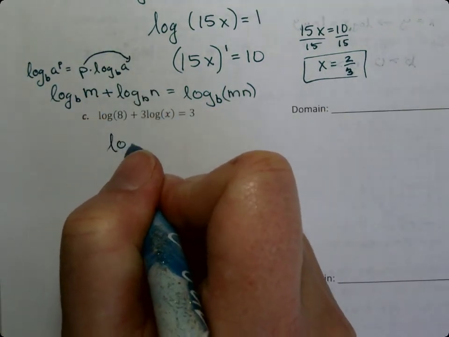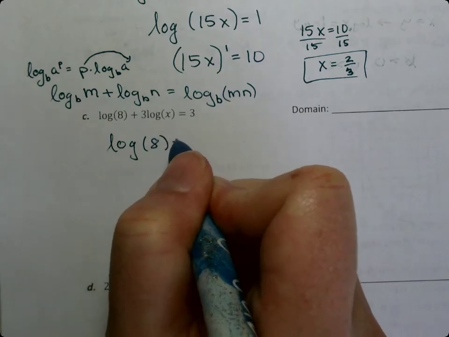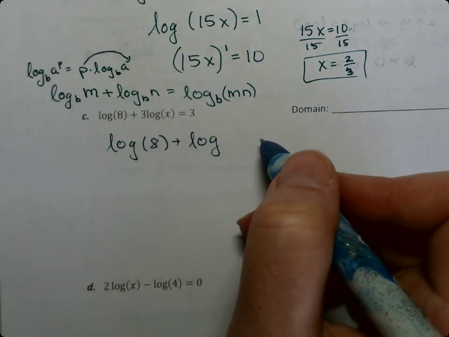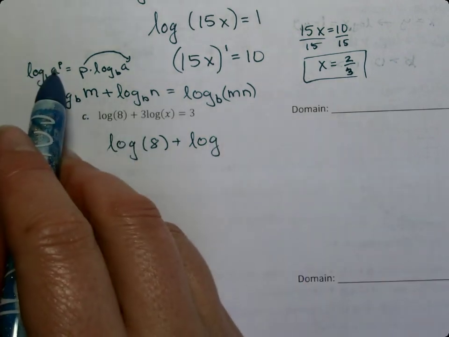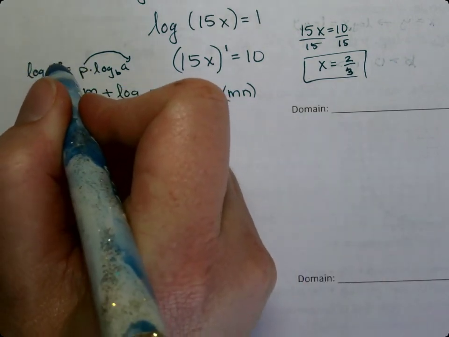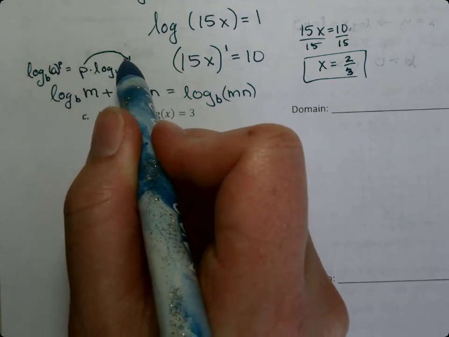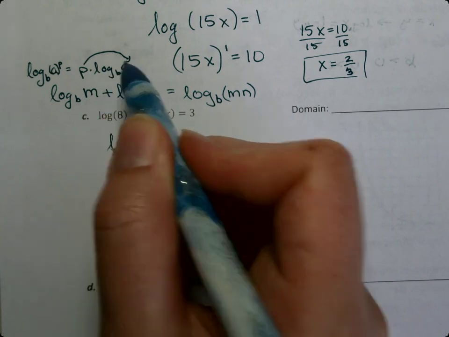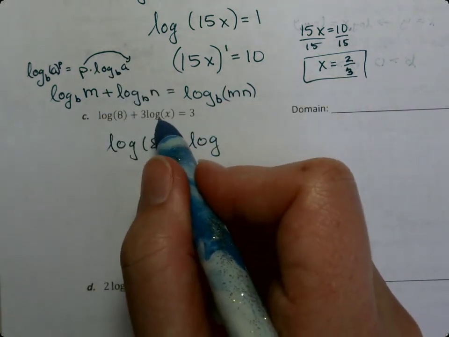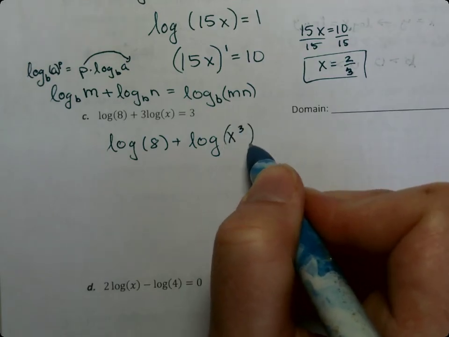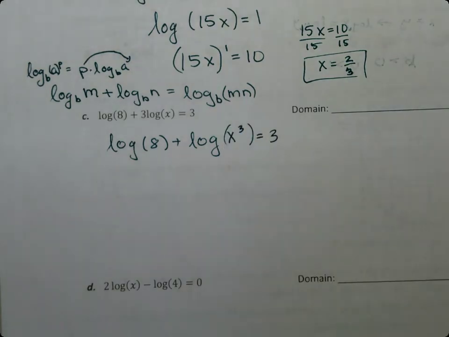So this is going to be log of 8 plus, and the p is like a power on that. Log base b of a is one whole number, like one chunk. So this would be log base 10 of x to the third equals 3.